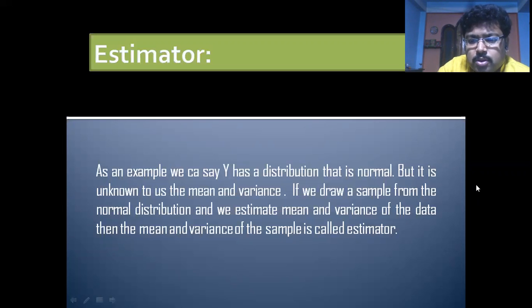So if we take a sample from this population and find the mean and variance, this mean and variance of the sample is called the estimator.